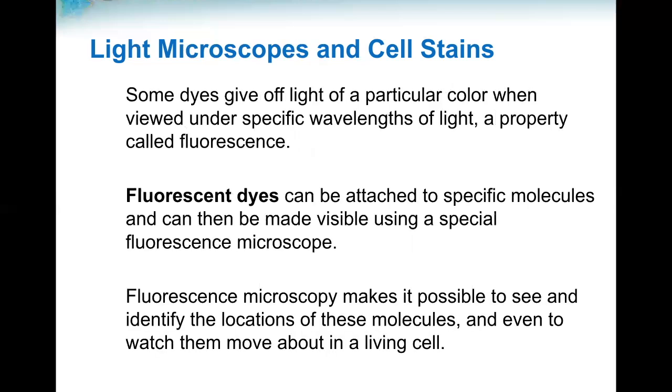Some dyes give off light of a particular color when viewed under specific wavelengths of light, a property called fluorescence. Fluorescent dyes can be attached to specific molecules and can then be made visible using a special fluorescence microscope. Fluorescence microscopy makes it possible to see and identify the locations of these molecules and even to watch them move about in a living cell.